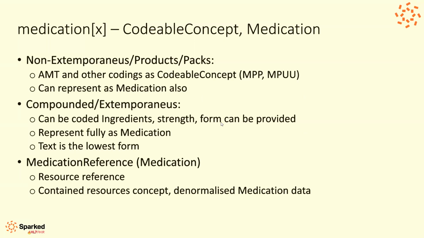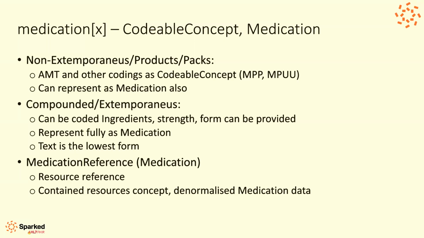And it is possible to define a full medication resource where, if you can't describe things easily with a code, you may be able to develop a medication resource that describes the type of medication that needs to be described. So there's a flexible approach to how we do that.